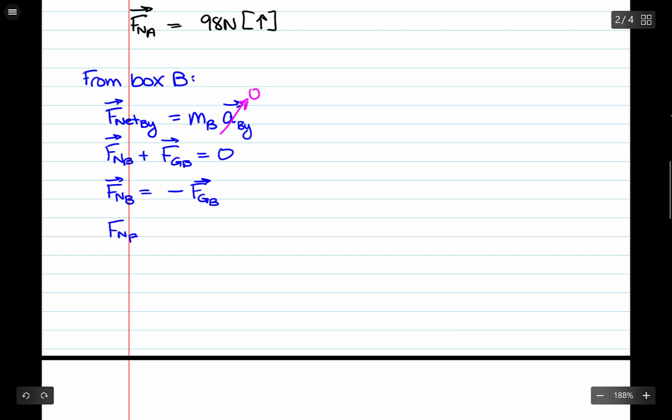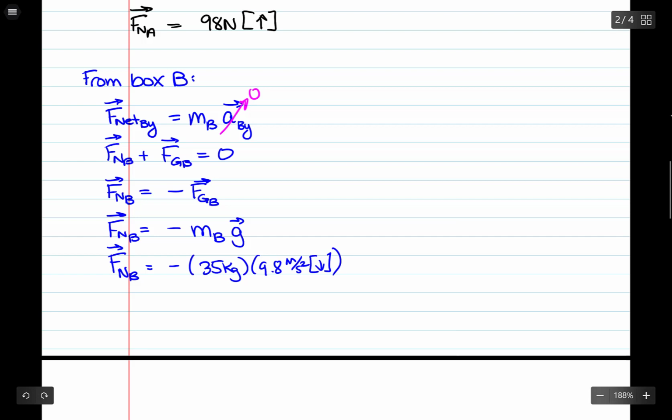So the normal force acting on box B is going to be negative m, the mass of box B, multiplied by our gravitational field intensity. Okay, so let's calculate this. Normal force vector negative, and our mass for box B was 35 kilograms. And we multiply by 9.8 meters per second squared downwards.